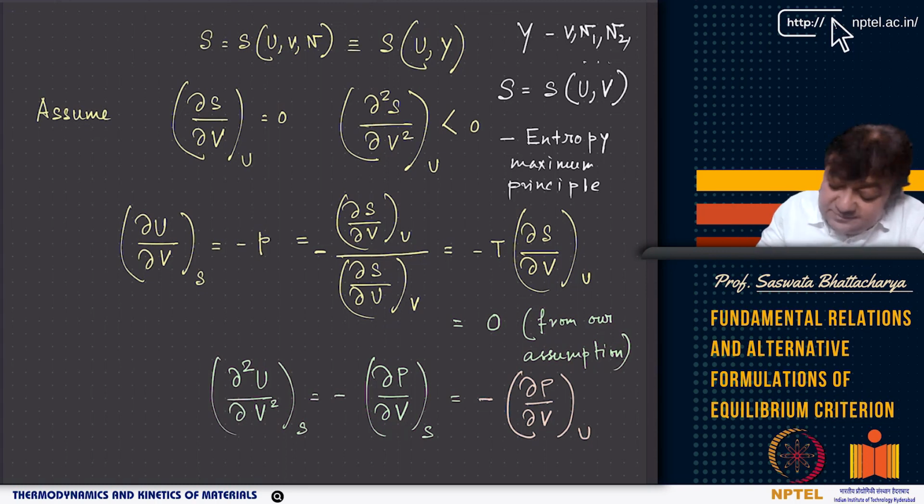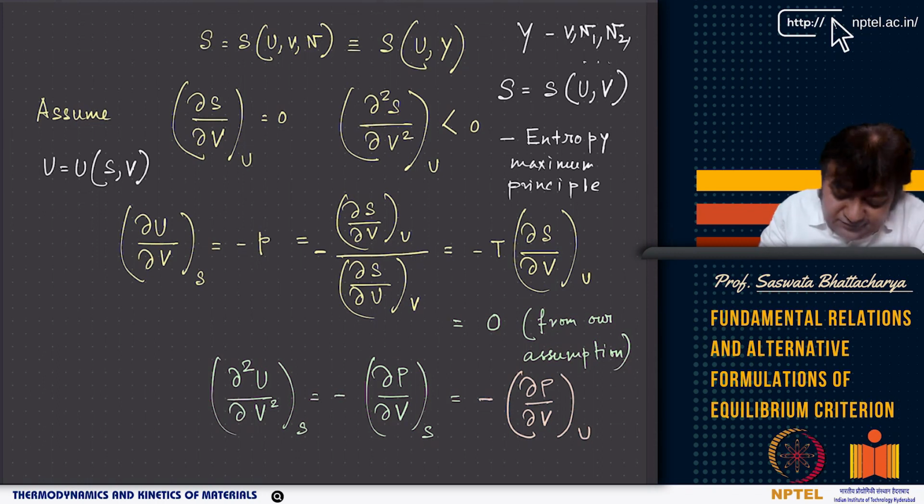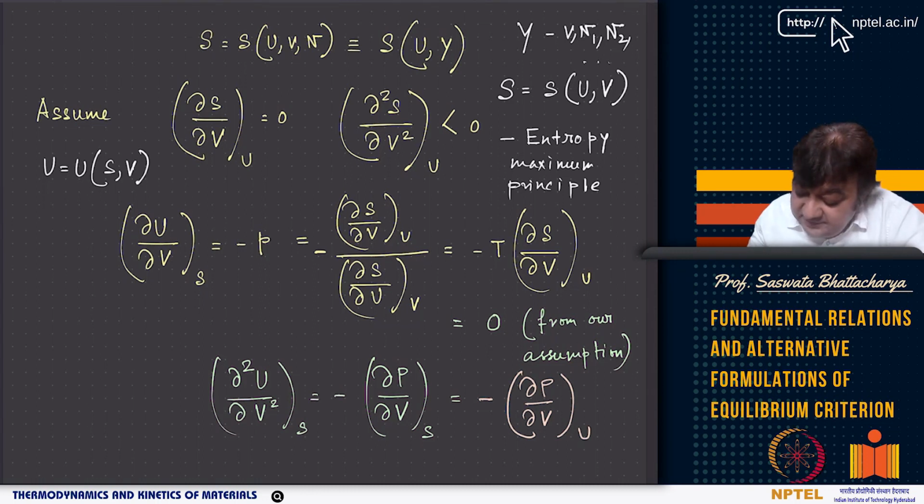So in the energy minimum principle, we first write U as a function of S and V, and now I will try to find del U del V as a function of S. This means for a fixed entropy, for a given entropy, we are trying to find the derivative of U with respect to change in volume, and we will try to find out whether it is 0.